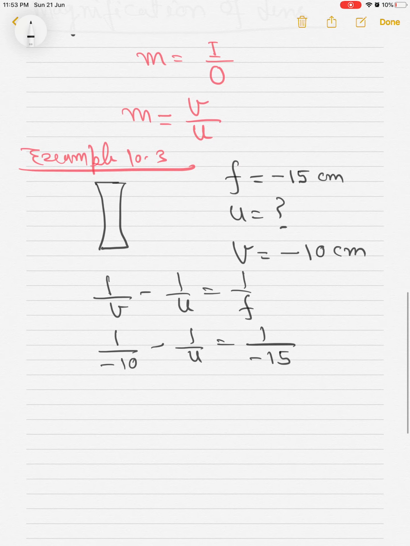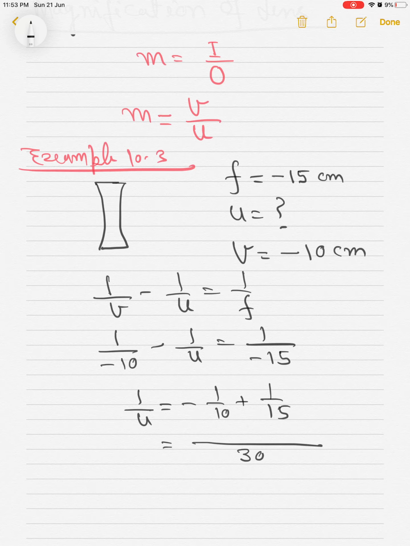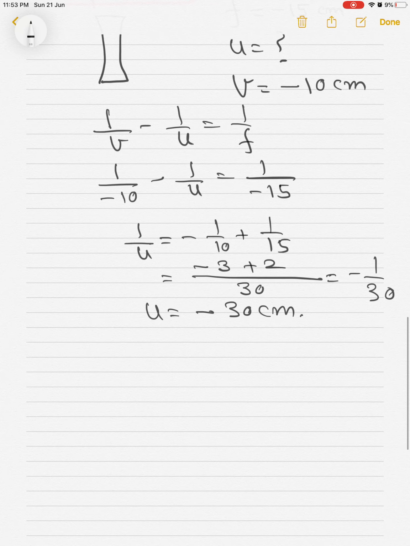So, 1 upon u is minus 1 upon 10 plus 1 upon 15, LCM is 30, it is minus 3 plus 2, you will get minus 1 upon 30. So, u is equal to minus 30 centimeter. So, the object should be placed at a distance of 30 centimeter from the lens.